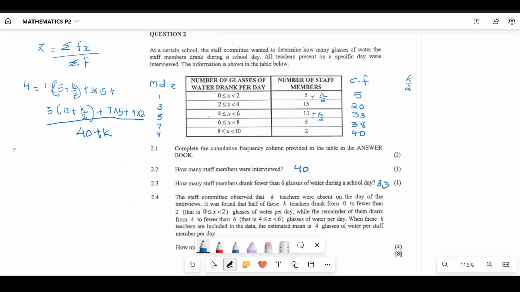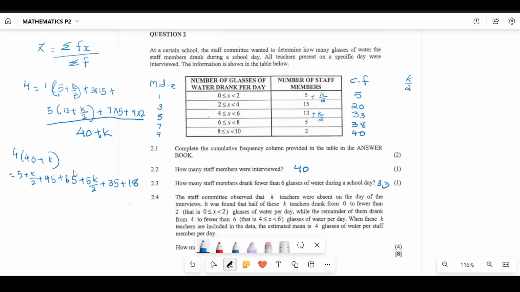So it's going to be 4 times 40 plus k equal to, here it's just 1, so I'm leaving it as 5 plus k over 2, plus 3 times 15, 45, plus 5 times 13 plus k over 2, which becomes 5 times 13, 65, opening the bracket there, then 5k over 2, plus 7 times 5, 35, plus 9 times 2, 18.